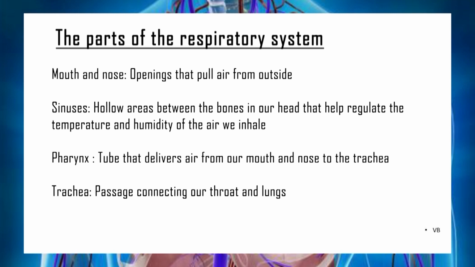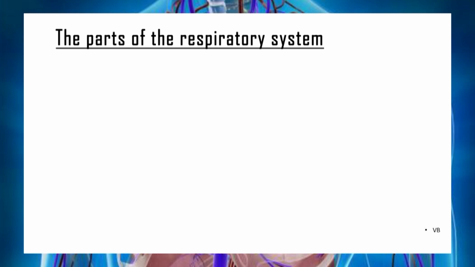Then sinuses, hollow areas between the bones in our head that help regulate the temperature and humidity of the air we inhale. Then the pharynx, or throat, a tube that delivers air from our mouth and nose to the trachea, or windpipe. The trachea is the passage connecting our throat and lungs.